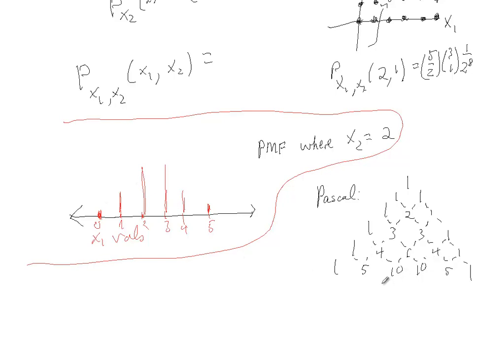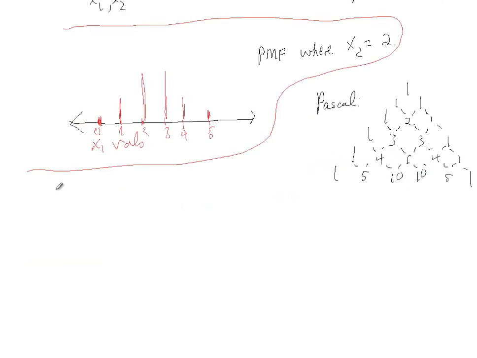Okay, what's the PMF when x2 is equal to 1? Well, we have to compare the heights. We can do the Pascal for n equal 3. Actually, that's this one, 1, 3, 3, 1. I'll just do it again. 1, 1, 1, 2, 1, 1, 3, 3, 1.